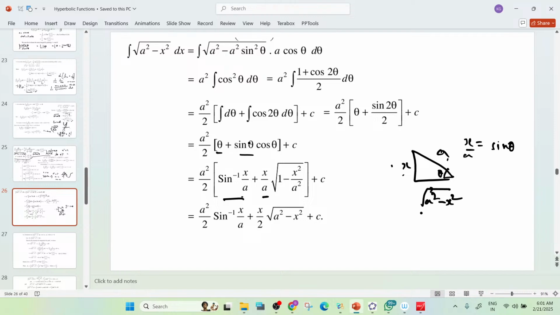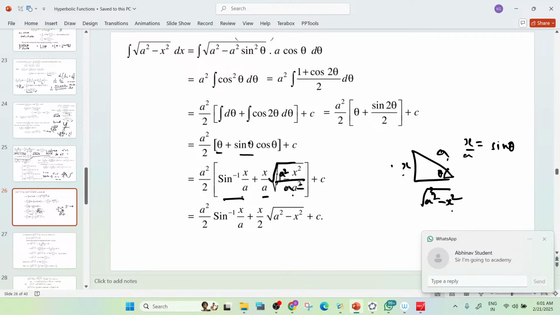What is our cos theta? Root of a square minus x square by a. The square root you can keep on top, and the denominator you will get this.